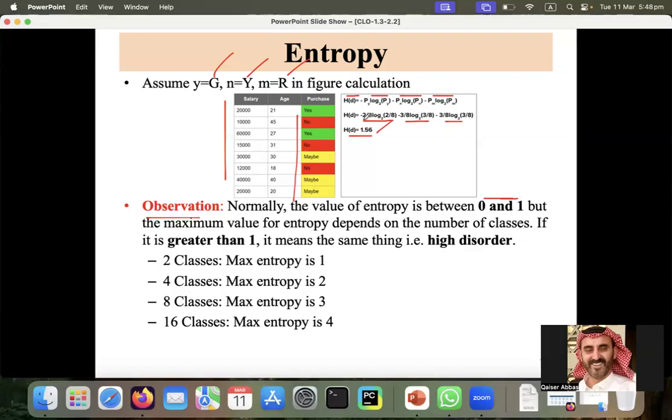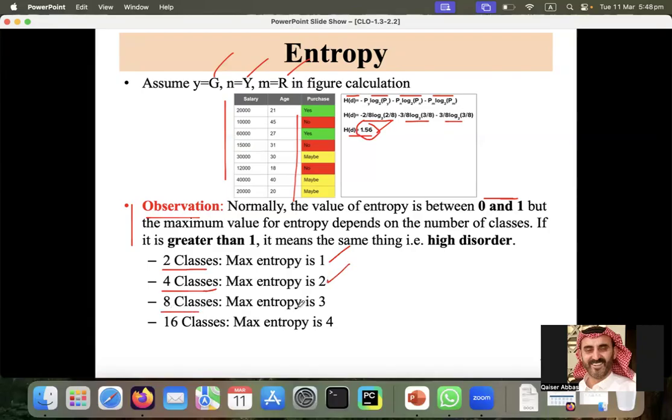But this value actually depends on the number of classes. If you have a higher number of classes in your data set, then you will get a higher value. This is what is written here. For example, if you have 2 classes in your data set, the maximum entropy you will get would be 1. When you have 4 classes, the maximum entropy would be 2.